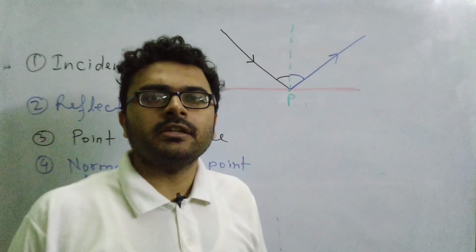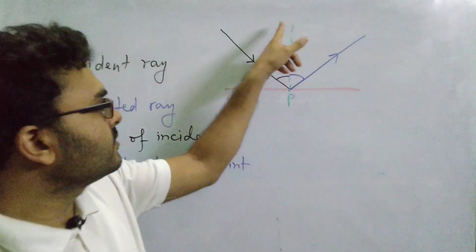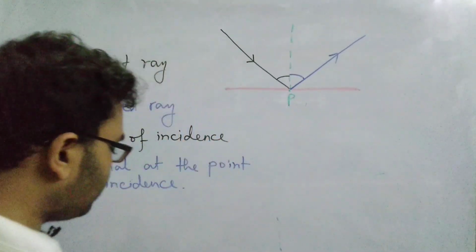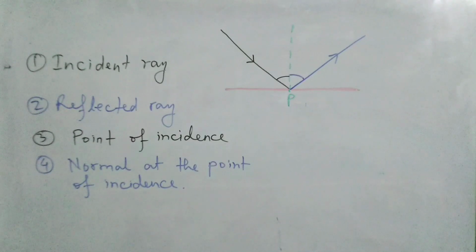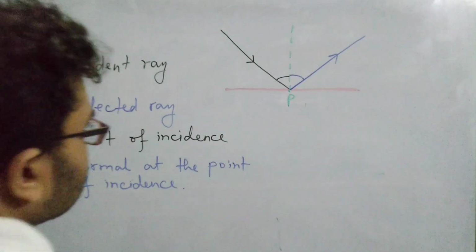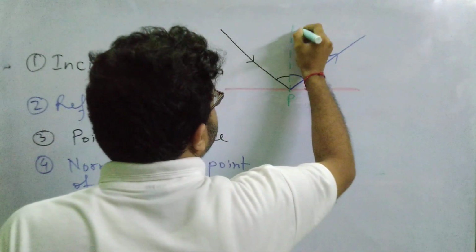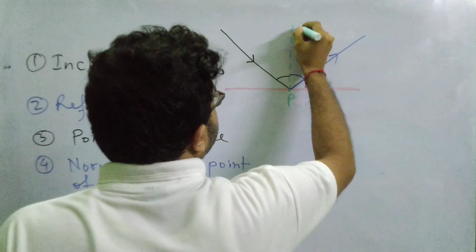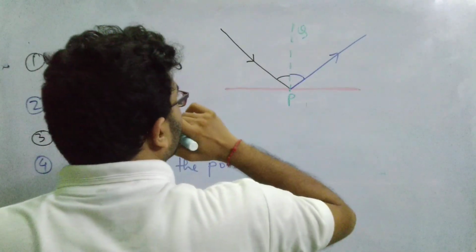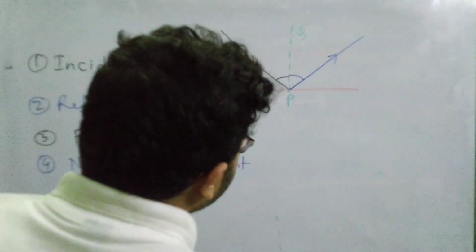This is the line marked with green color, which is the normal. If I consider this line to be Q, then PQ is the normal.